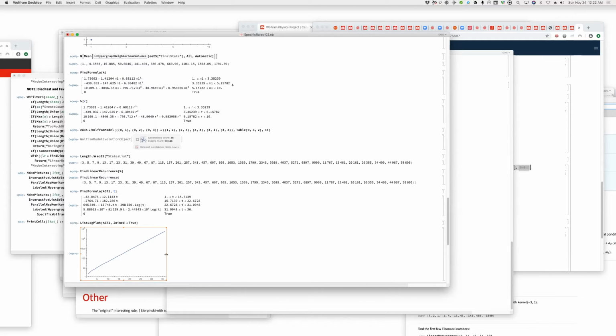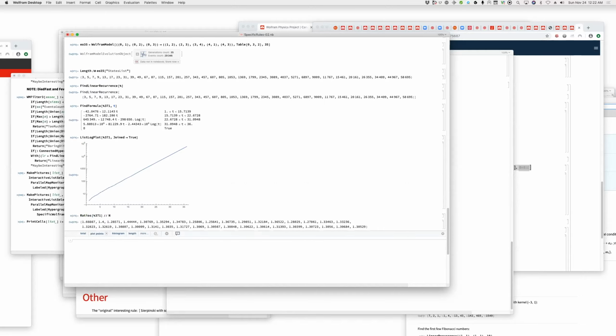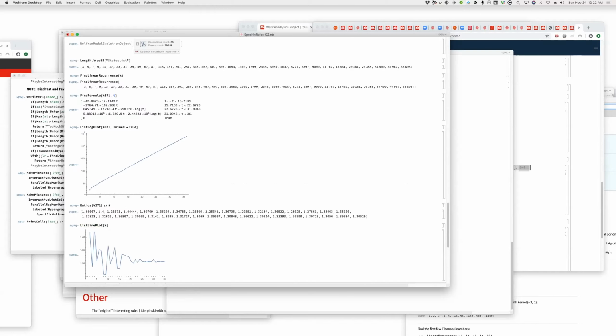Oh, look at that. It's an exponential. Well, this is an exponential. So if I do ratios, okay.